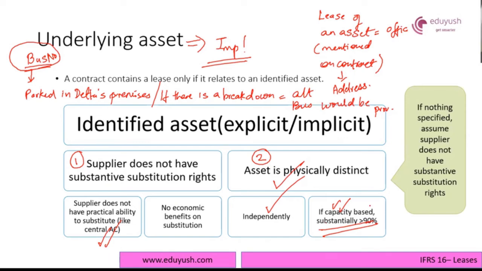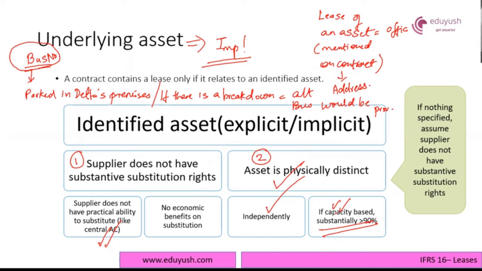Okay. Suppose there's a gas pipeline from which Delta gets only 10%. 10% of that gas is earmarked for Delta. Whatever comes every day, only 10% will be given to Delta. Then this is a capacity-based asset that is given to him. But he is not getting more than 90% of the outflow from that plant. So the standard says it is not physically distinct.